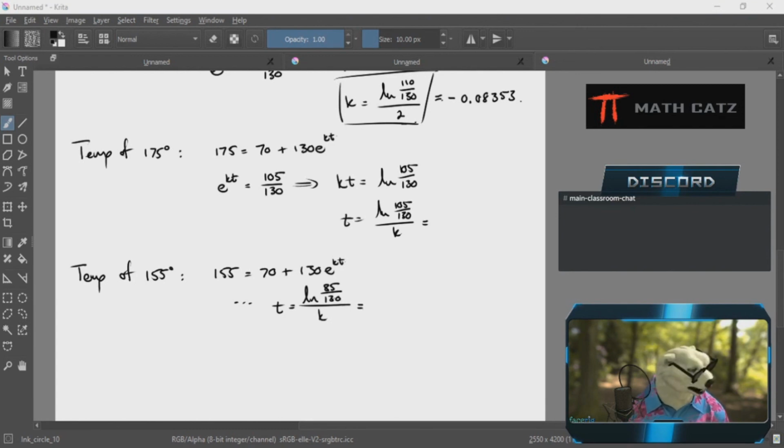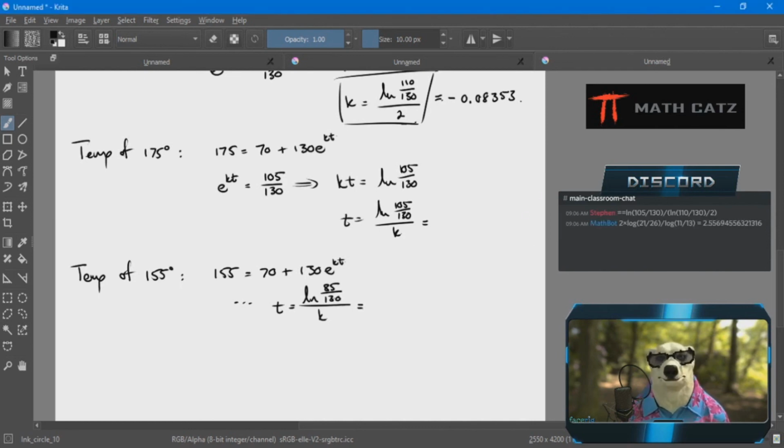Where am I now? Log for the numerator. Then I'm dividing by k, and k itself has a log function in it, 105 over 130, and then that numerator in k is divided by 2. Let's see what we get here. We get 2.56, let's say, and that's going to be minutes.